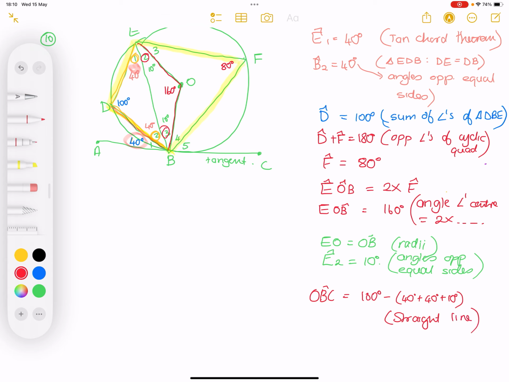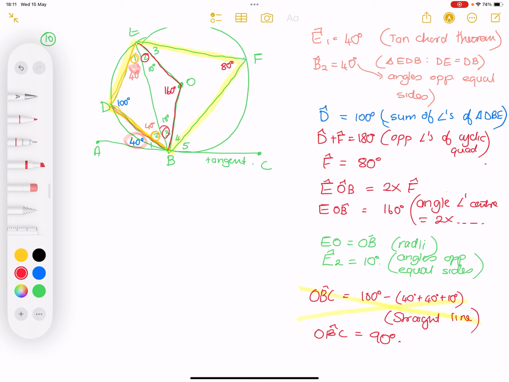Okay, now so it's 180, so angle OBC is equal to 40 and 40 is 80 and 10 is 90. And the OBC is 90 degrees. We could have said it also from the center of the circle to the tangent. Yeah, we could also say so this was actually unnecessary.